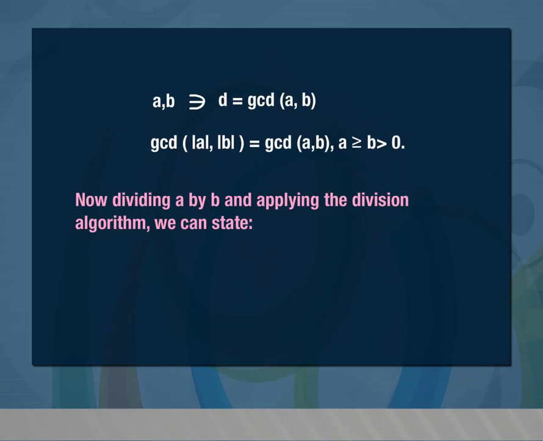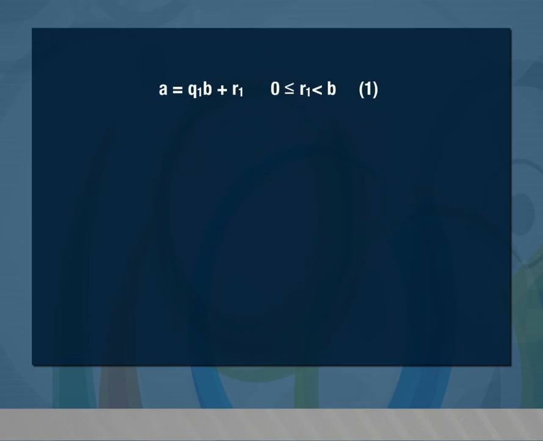Now dividing a by b and applying the division algorithm, we can state a is equal to q1 b plus r1, where 0 is less than or equal to r1, which is less than b. If r1 is equal to 0, then b divides a and d, which is GCD of a, b, is equal to b.